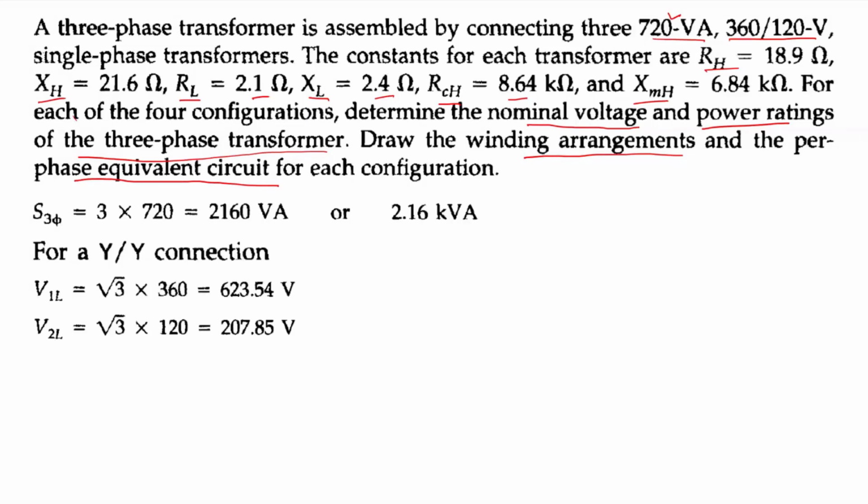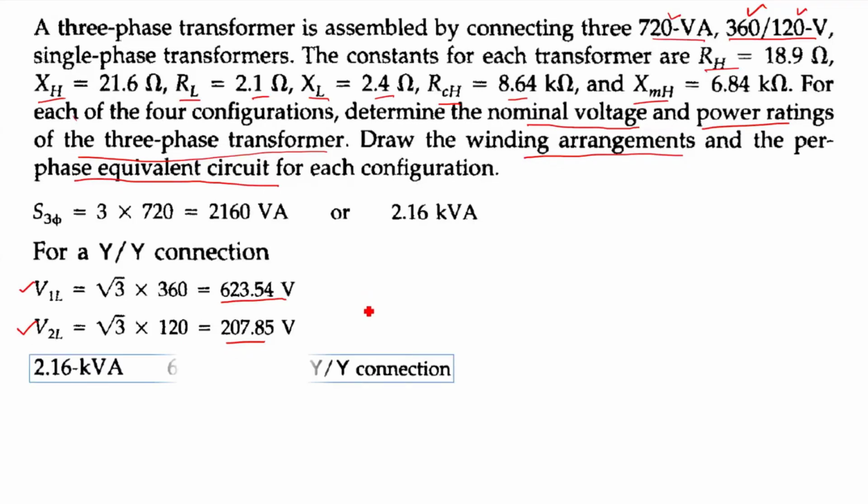For the YY connection, your line voltage obviously will become, because these are all phase voltages, right? 360 and 120. They are now connected in star fashion. So your line voltage on the primary side will become root 3 times 360, that will be nothing but 623.54 volt. And on the secondary side, your line voltage will become root 3 times 120, that will become 207.85.